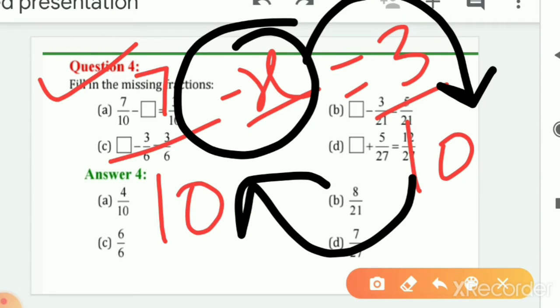Whenever we move a term across the equal sign, from left hand side to right hand side, its sign changes. If it is positive and goes to the right hand side, it becomes negative. If it is negative, it becomes positive.